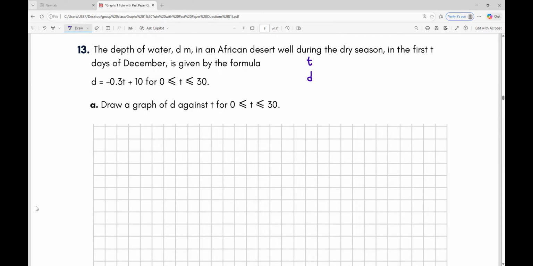When T is equal to 0, when T is equal to 3, 10, 20, 25, and the last one 30. You can select any 6 values for T between 0 and 30. The equal mark is there, so you can use 0 and 30 also.